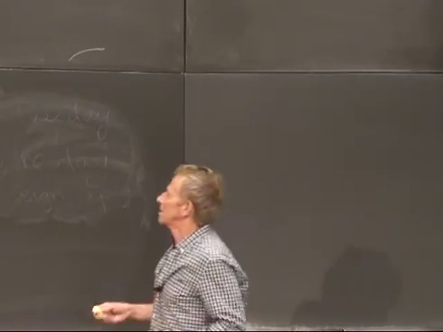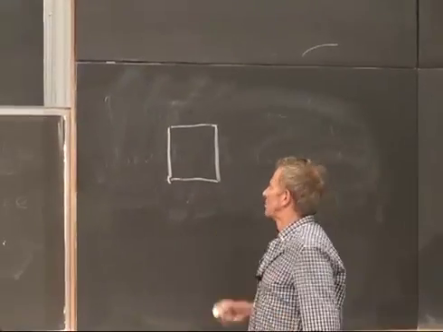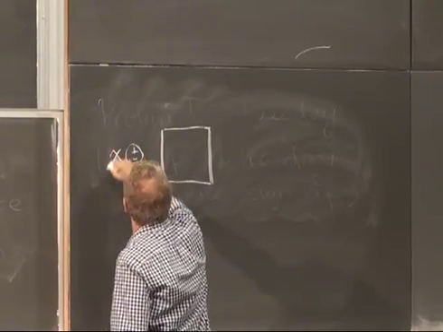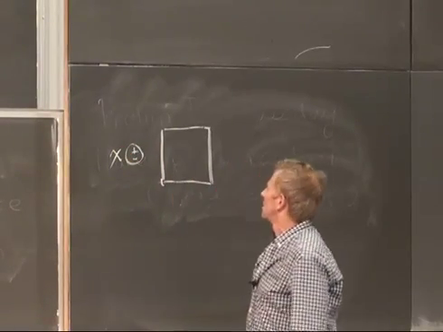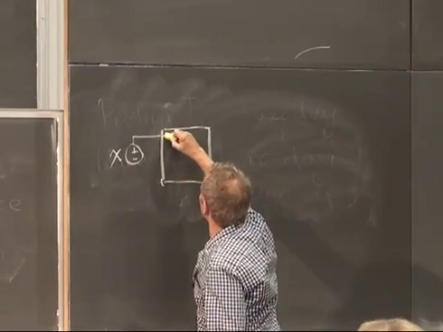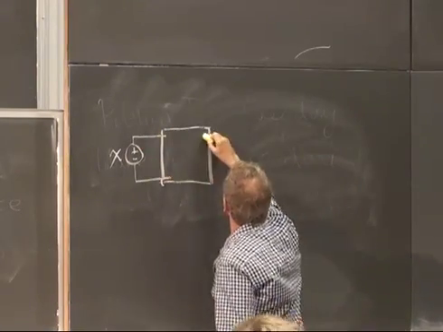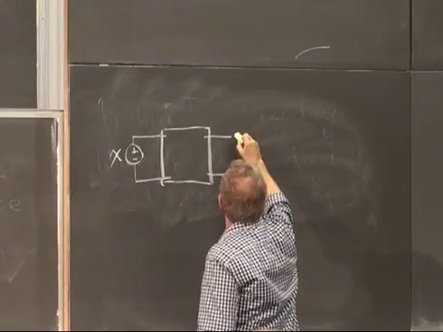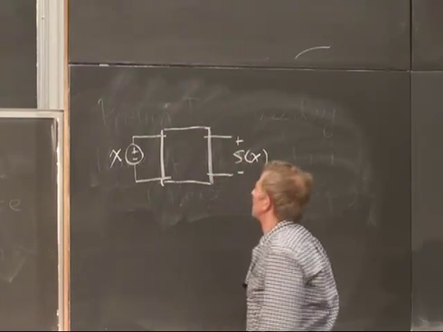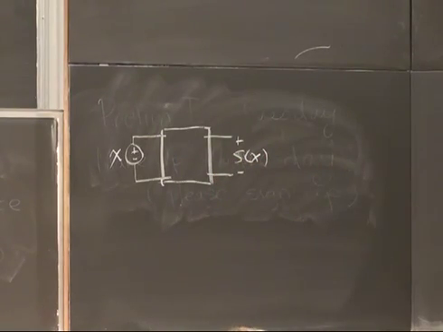All right, so we can think about circuits that implement simple things like this. So suppose the input is going to be a voltage source going into this box. And the output is going to be a voltage, S of x. What do I put inside the box to get the zero system?